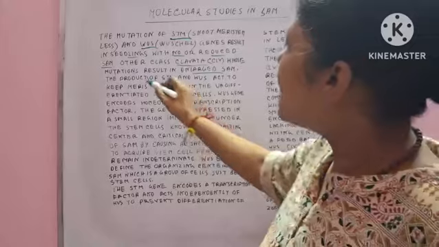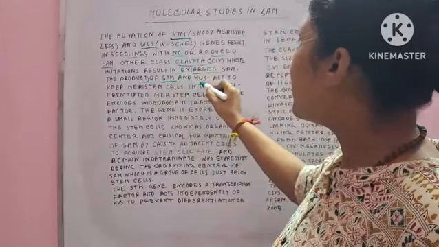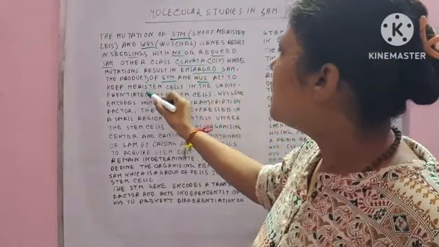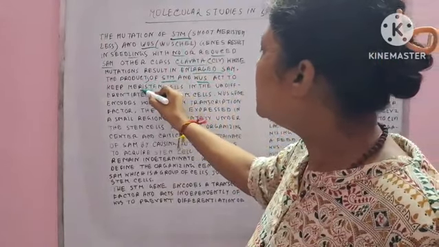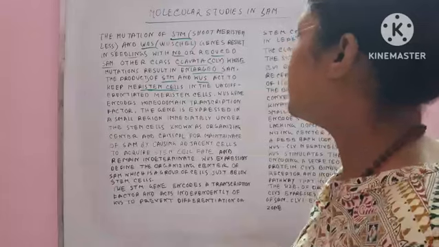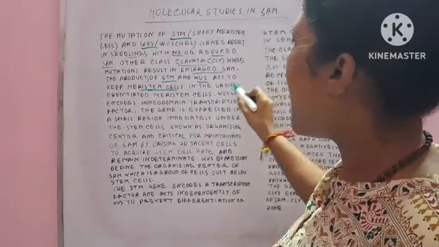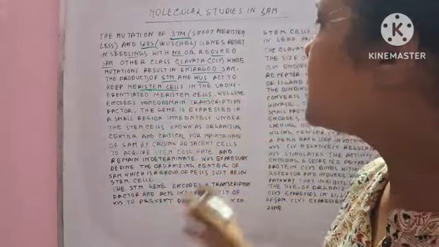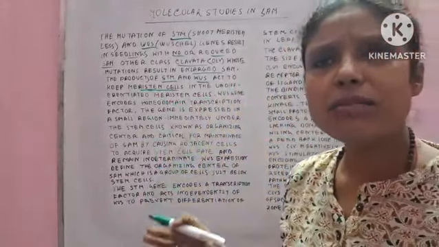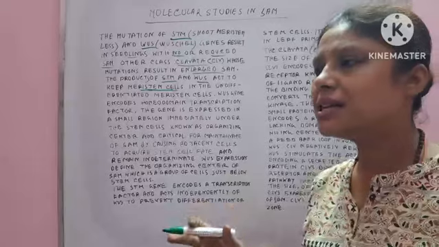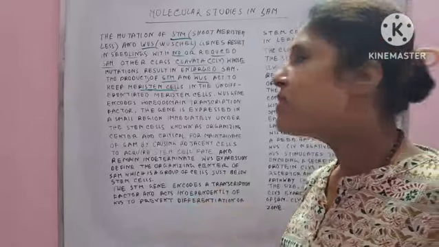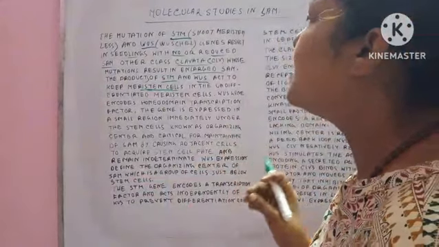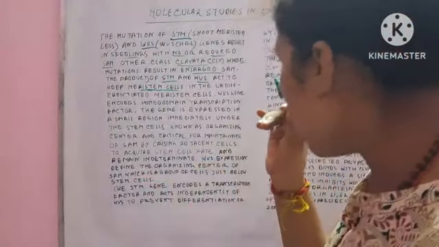Now the products of the two genes STM and WUS act on the meristematic region cells, which are undifferentiated cells.